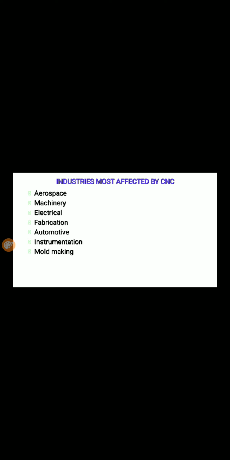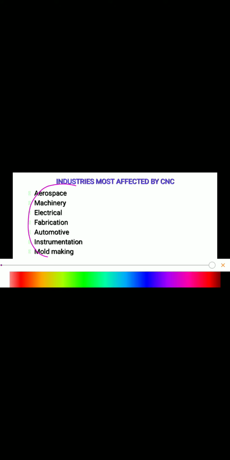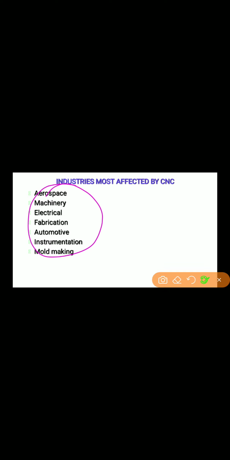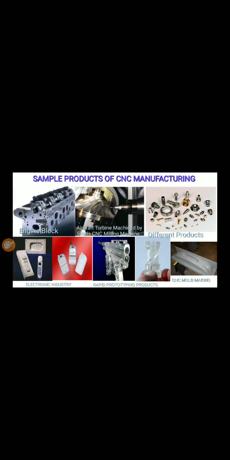We use the same in the electrical segment and in fabrication. Mostly they are used in automotive industries, instrumentation and molding. These segments are all important segments where we use CNC technology, that is, numerical control machines.